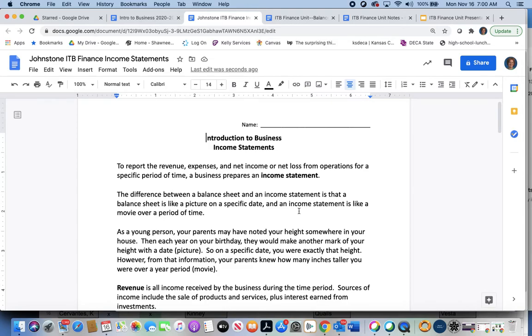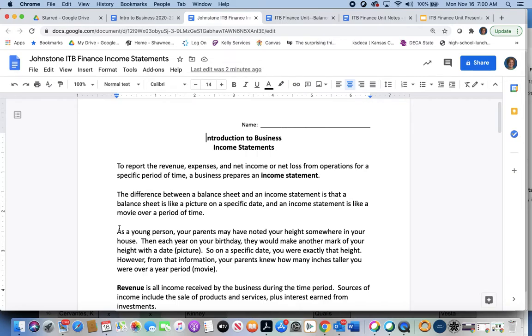On a specific date, you were exactly that height. Oh, and I think I skipped that. As a young person, your parents may have noted your height somewhere in your house. And then each year on your birthday, they would make another mark of your height with a date.